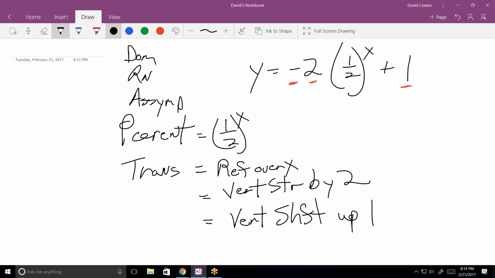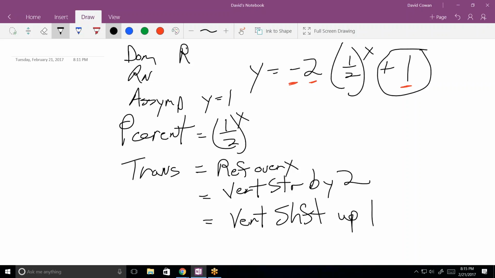Reflection doesn't affect it either. When we reflect, we still have y equals 0 as our horizontal asymptote. Now the plus 1 moves that horizontal asymptote up 1 unit. So what's the new horizontal asymptote? Y equals 1. Yes.